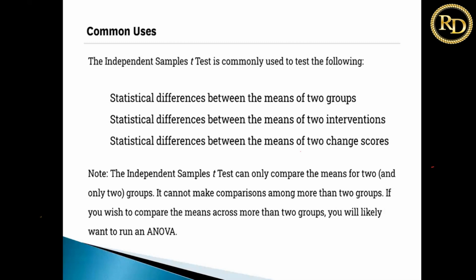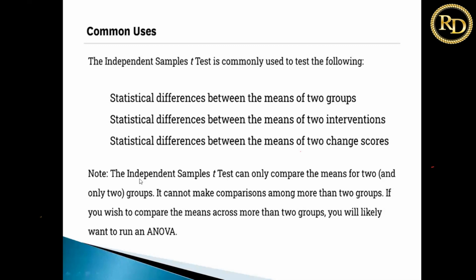Say we are giving some drugs or vaccines to 2 different groups, and we are interested in testing the equality of the average impact of the two interventions. The third is the statistical difference between the means of two change scores, where we see whether the changes in the two scores differ from 0.